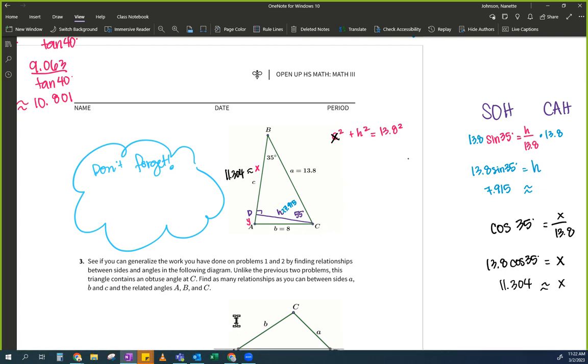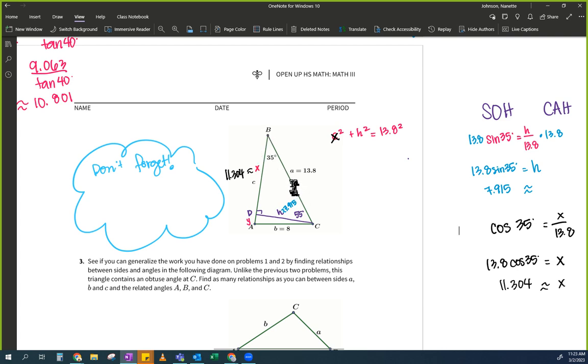Okay, someone said, I also have trouble knowing which one's the adjacent, hypotenuse, and opposite of the triangle. So when you are drawing your right triangle, adjacent is always touching the angle. They share stuff. Do you see how opposite over here, the blue guy, does not share anything with the 35-degree angle?